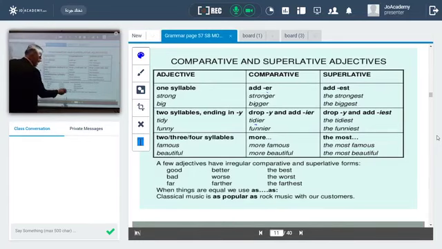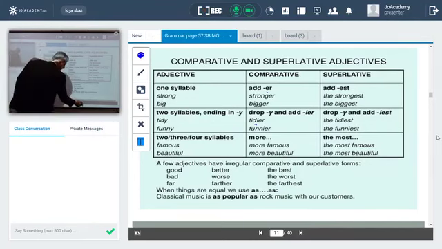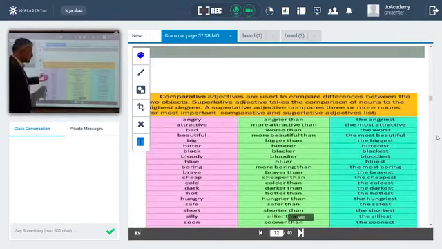If I want to say as big as, Jordan is as big as Syria, and so on. Also, I made a list of the adjectives, so you can also look at them and try to learn them.